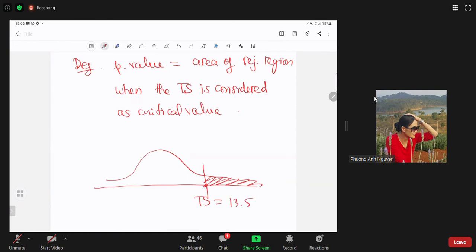Now the p-value is equal to this area. Very simple, right? You know the form of the test, right tail or left tail. You draw the rejection region, you consider the test statistic to be the critical value, so 13.5, and the p-value is simply this area.